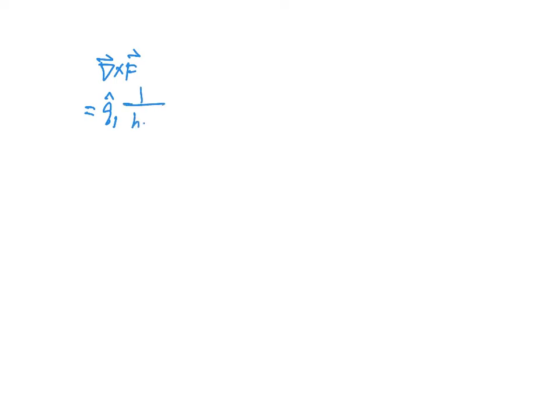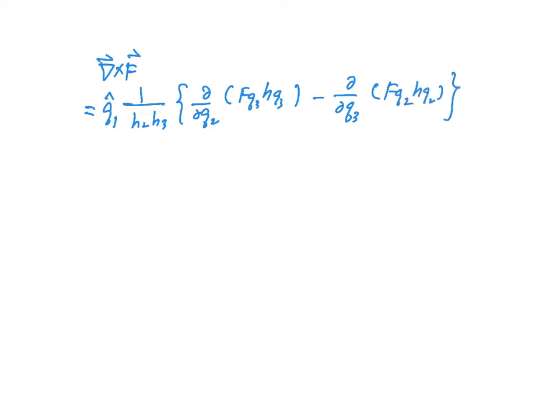Divided by H2, H3, partial Q2, partial F Q3, H Q3, minus partial Q3, partial F Q2, H Q2. Easy to remember, right?